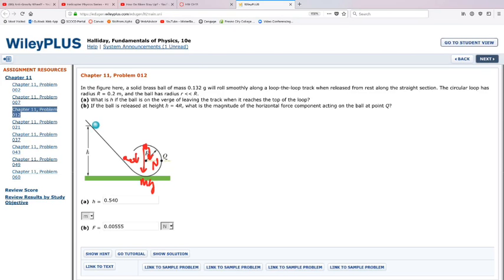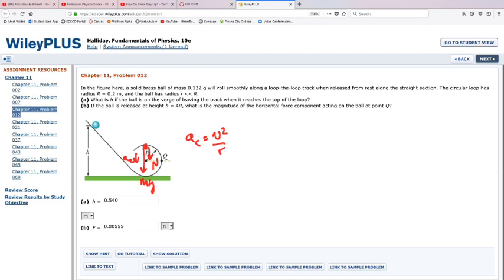So if it's on the verge of leaving the track, just at the moment it's going to fall off, what can you assume about the normal force? It's 0. So set up the standard chapter 6 Newton's law problem there. Set N equals 0, and don't forget that your centripetal acceleration is equal to that.